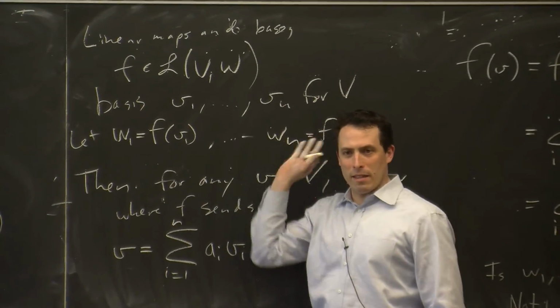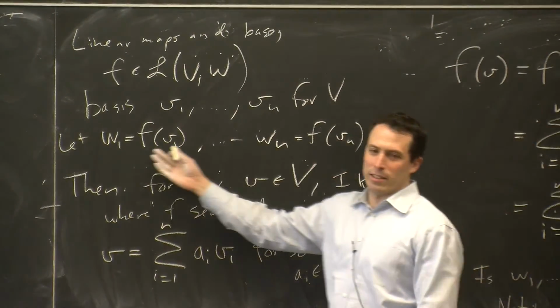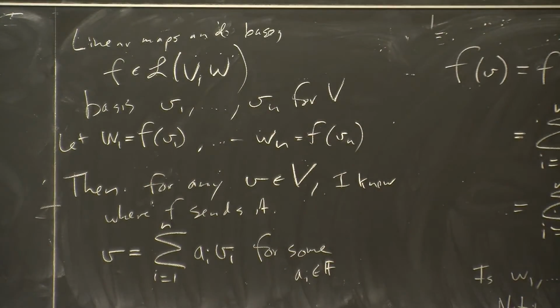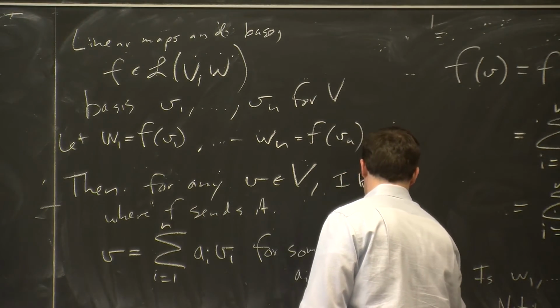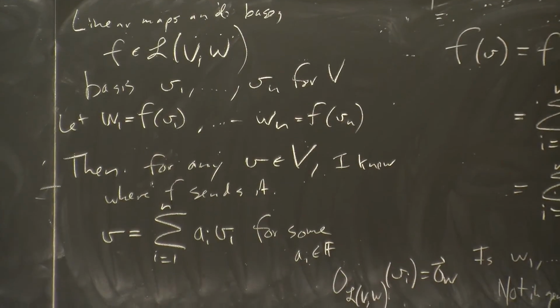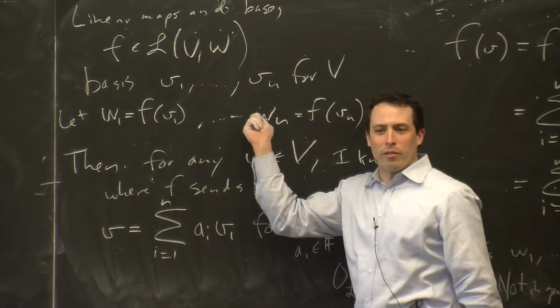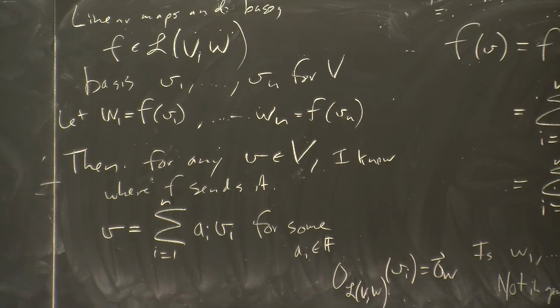If I start with a basis, I can send each basis element anywhere I like. I could send them all to the same vector. I could send them all to 0, and I'd still get a linear transformation. In fact, we saw that linear transformation already, right? The zero map sends all these basis vectors to 0. And the list of zeros here is definitely not a basis. So I have quite a lot of freedom. And this is all the freedom I have, though. Once I've chosen where each basis vector goes, where every other vector in V goes is absolutely determined because of linearity.